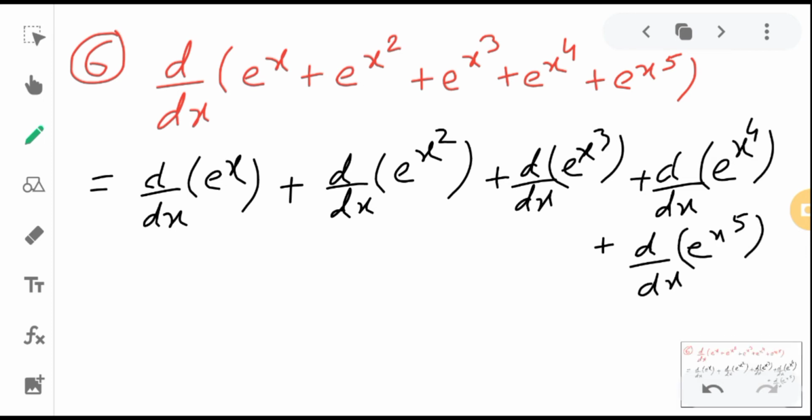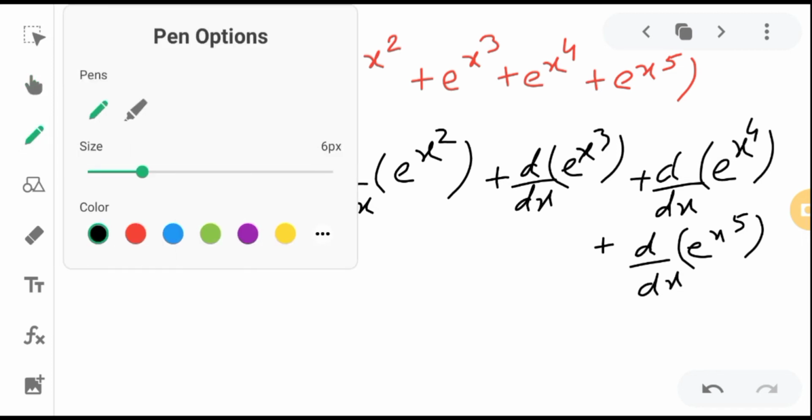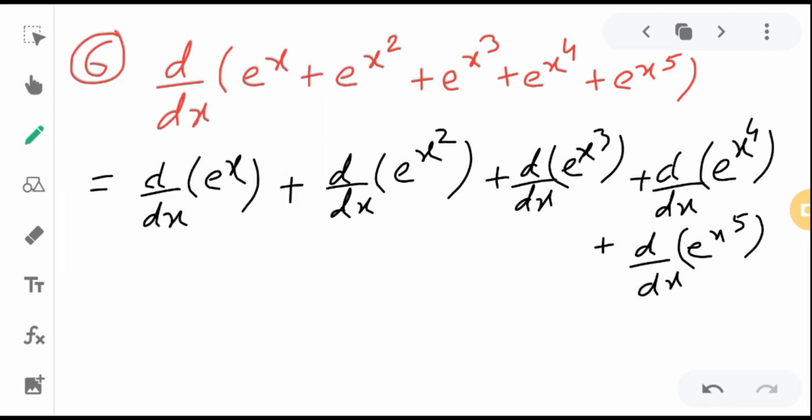So I will find the derivative of each term. That will be our result.